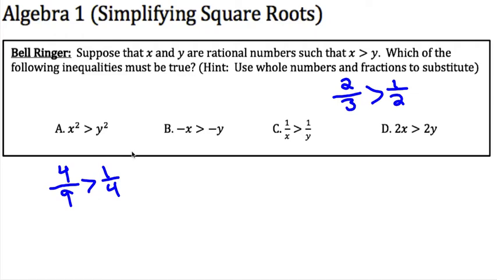Let's look at some negative numbers. So let's say 0 is greater than, let's just say, -2. Well, what happens when we square these?